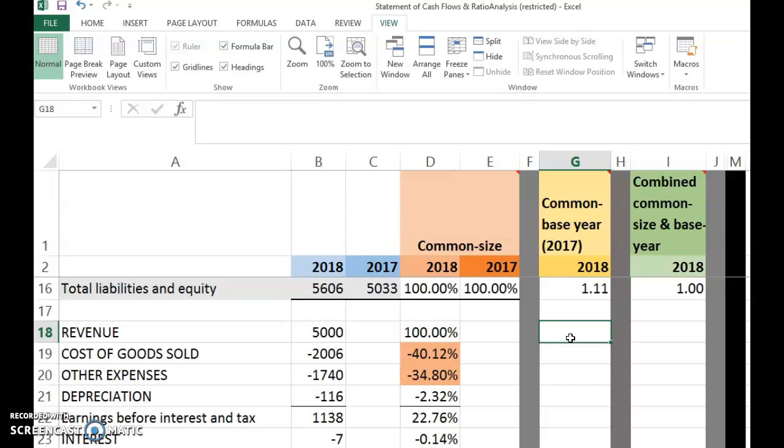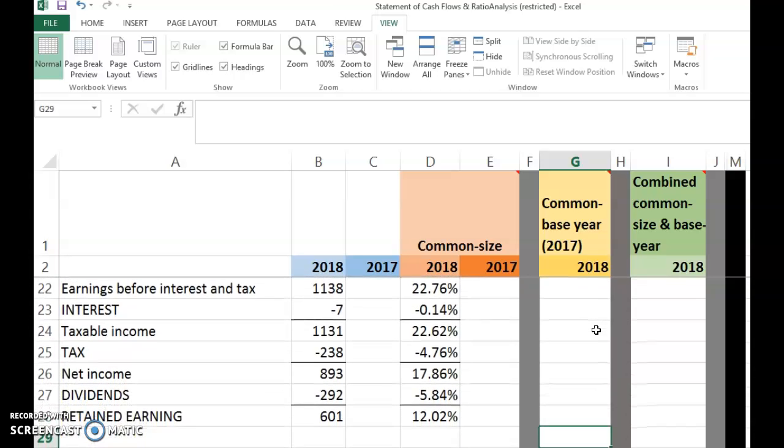Therefore, you cannot do it for the common base year. But if you are given that information, then you can do the common base year method for the income statement as well. But since the information is not available, you cannot compute this.